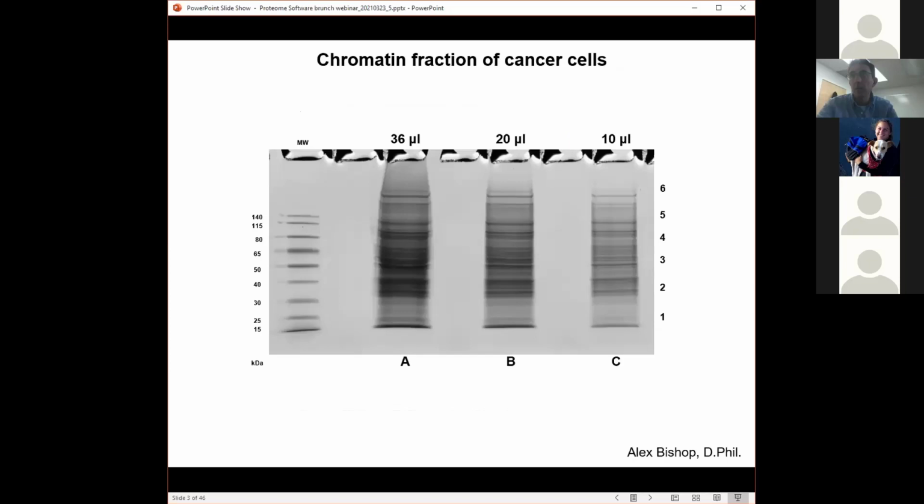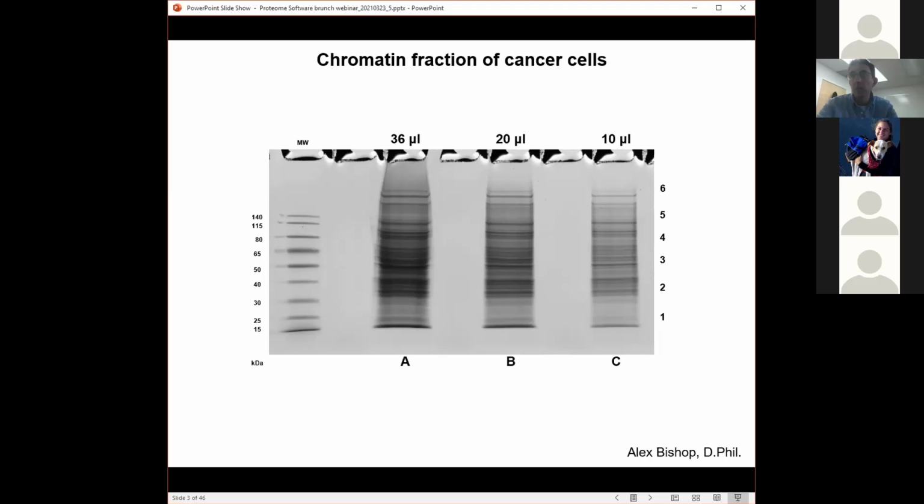Fairly early in our exploration of DIA, we had this project come in from Alex Bishop, where they wanted to look at differences in the chromatin fraction of cancer cells after the cells had been manipulated in a certain way. We have traditionally done most of our mass spectrometry and proteomics using gel-based, what we would call gel LC-MS.